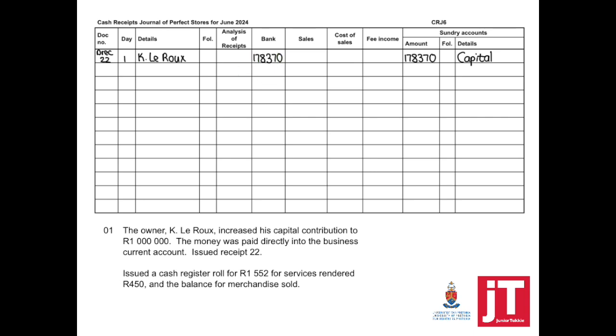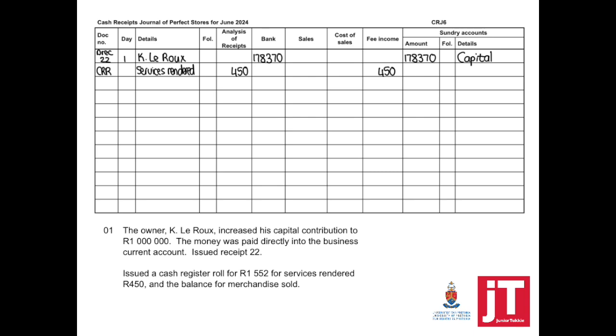On the same day, issued a cash register roll for 1,552 for services rendered 450 and the balance for merchandise sold. This means our source document is the cash register roll, but because of services rendered 450, this is my main income, fee income for services rendered.